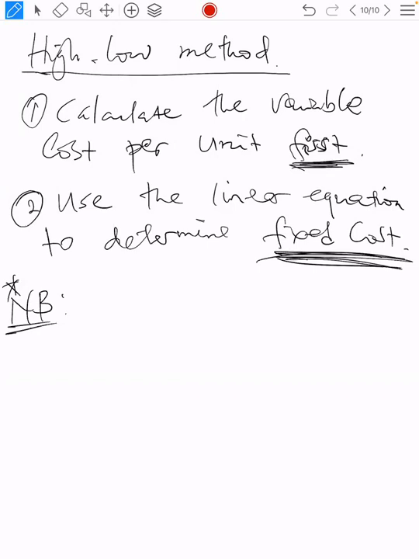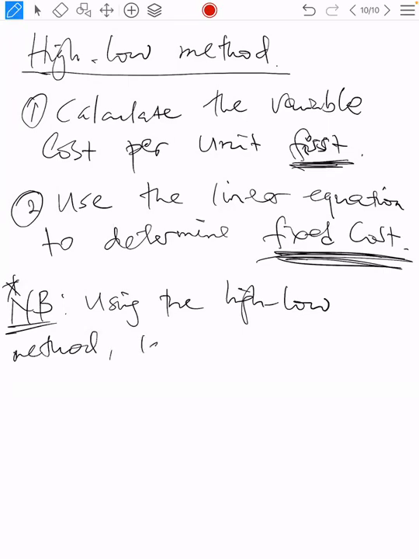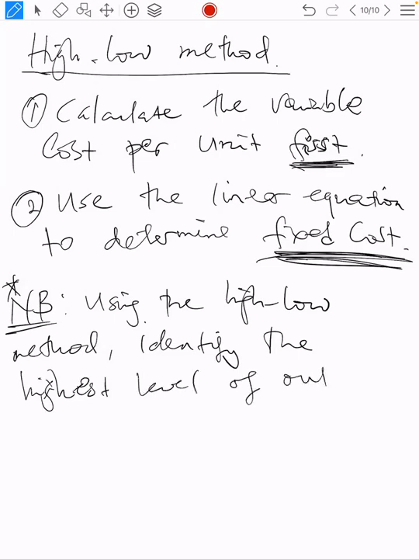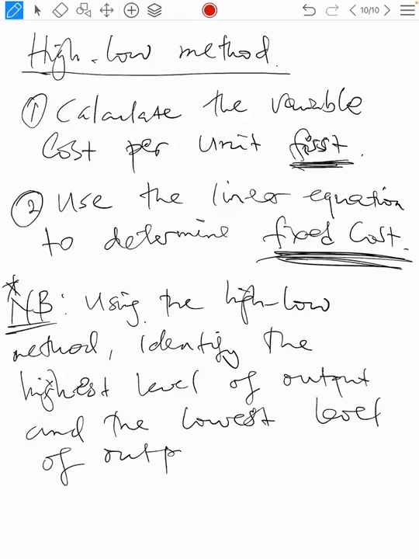Using the high-low method, you have to identify the highest level of output and the lowest level of output and their respective costs.